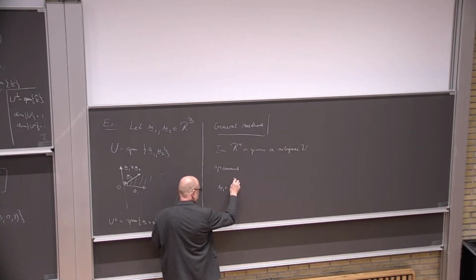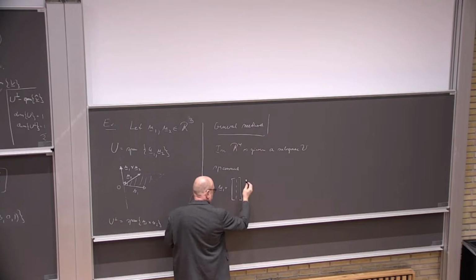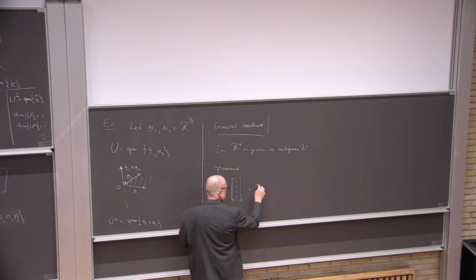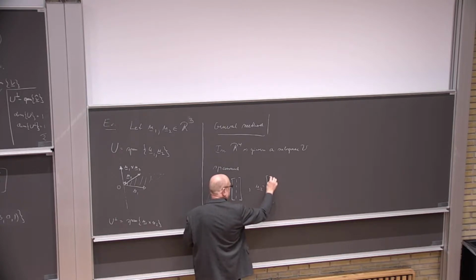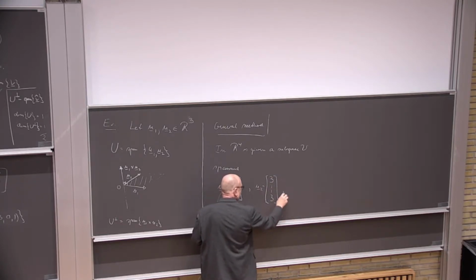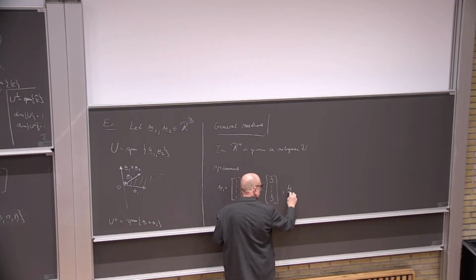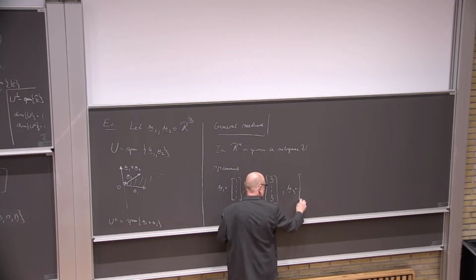U1, which is all ones, 4 ones here, and then the next one is 3, 1, 1, 3, and then finally you get 2, 0, 0, 2.